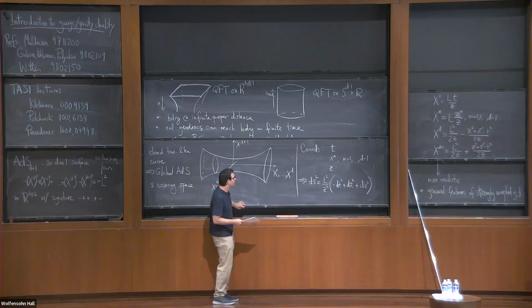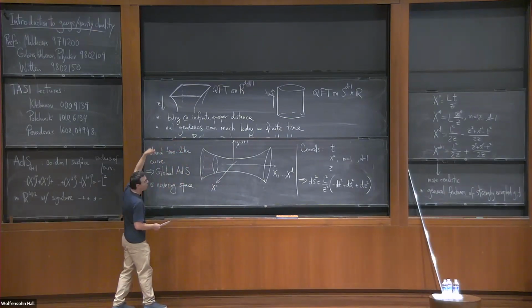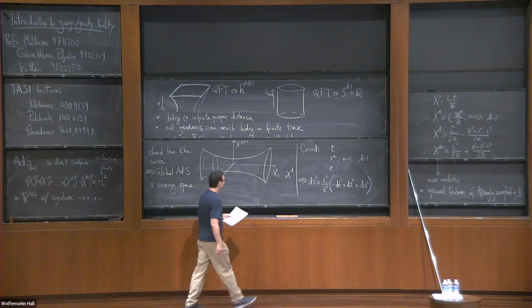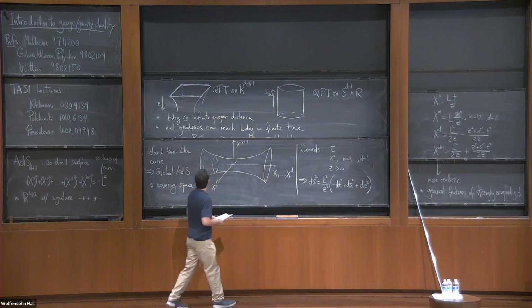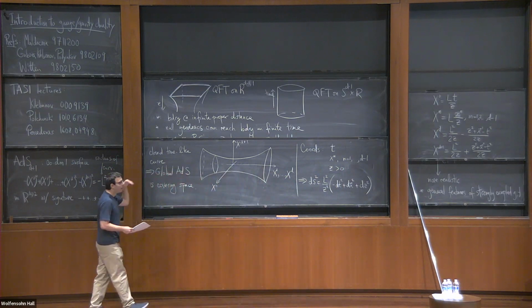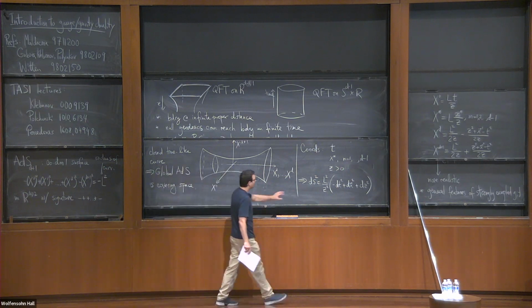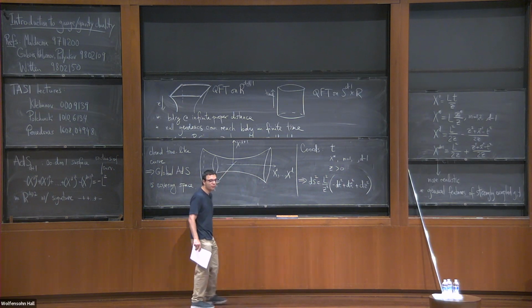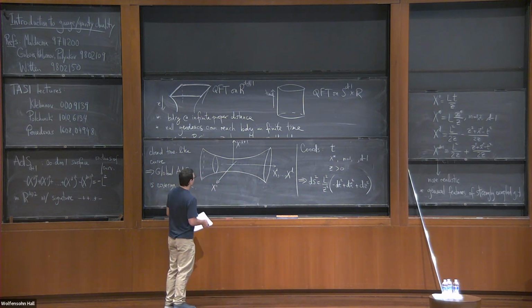So it's like the picture I had over there, where there's an extra z coordinate that starts at 0. So z is positive. There's a non-trivial factor in front of the metric, which in this case is L squared over z squared.